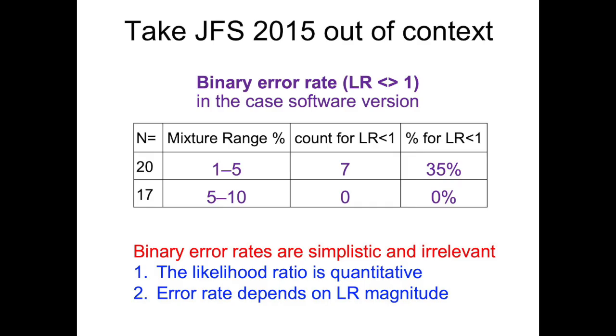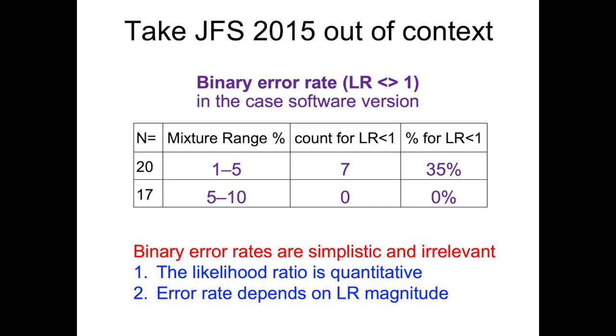It's saying we're not looking at the values of the likelihood ratios, even though scientists know that the stronger the likelihood ratio, the smaller the error rate. So that's ignored. Let's do it in the actual software version of the case, not what was done in the study.